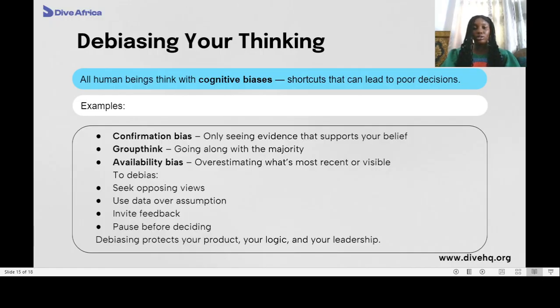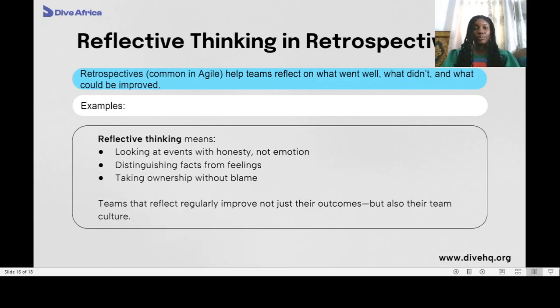Moving on. Reflective thinking, in retrospectives. A retrospective helps the team reflect on what went well, what didn't, and what could be improved.